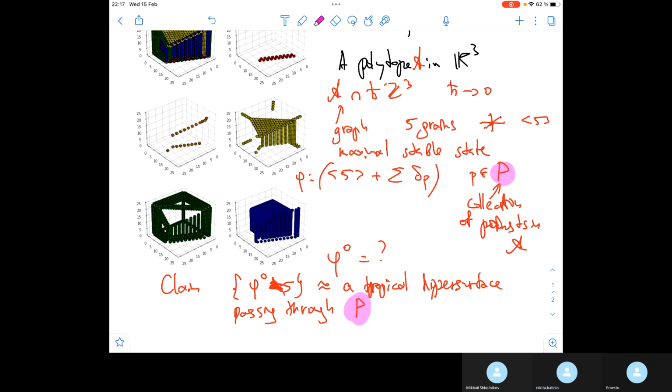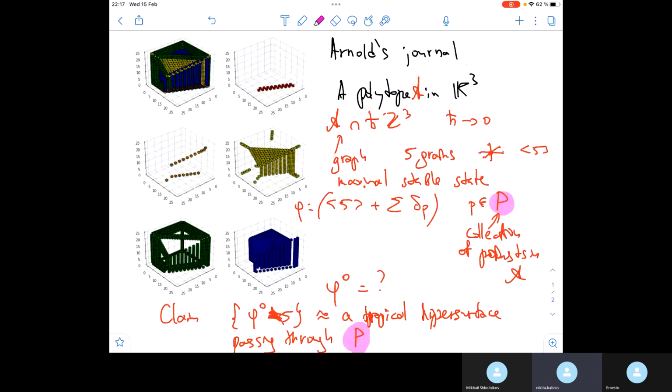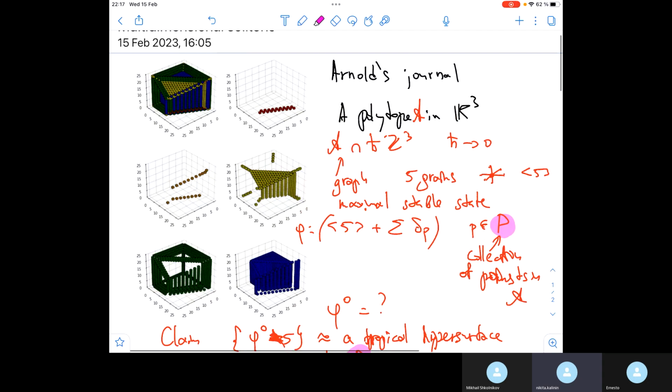So that's my set P of points. Here it needs some preliminary steps.